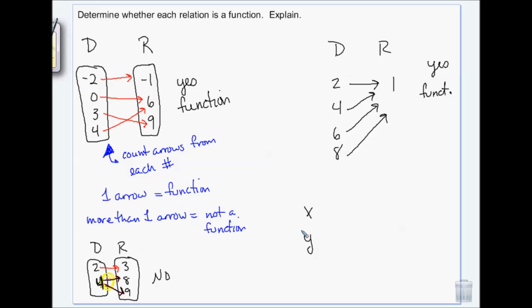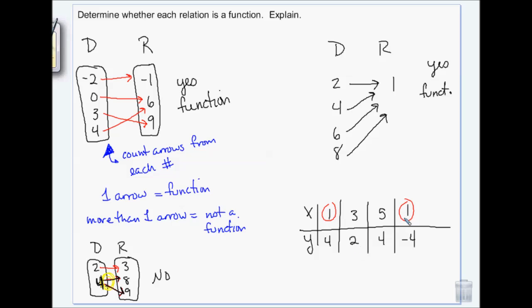Another method, I'm going to do a sideways table so we have more room. If I have a table, I look at my x's, and do you see how these 2 repeat?